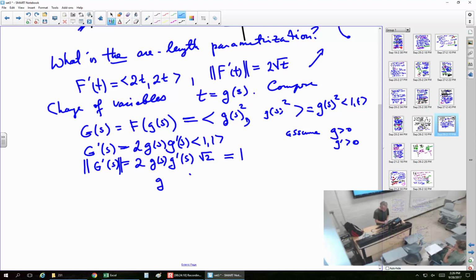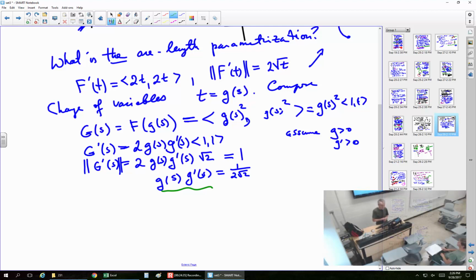Let me write it once again. g of s times g prime of s is equal to, what is it, 1 over 2 square root of 2. So the coefficient on the left is really not that important. This thing has got to be a constant, and the specific constant is to be determined.